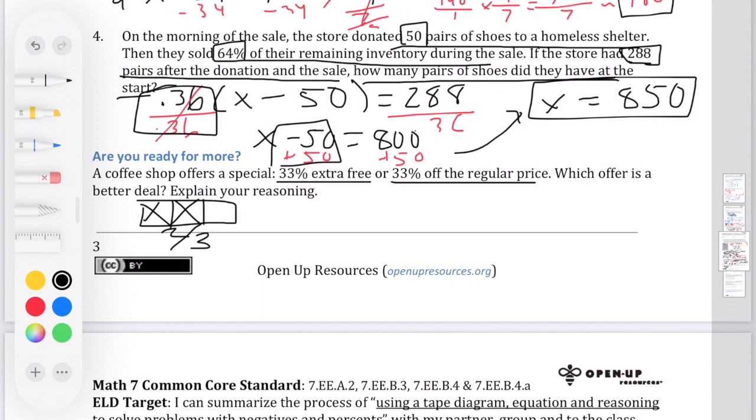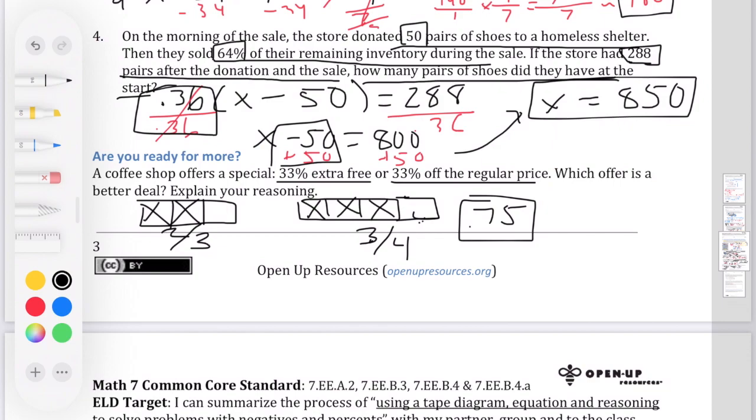Whereas if you pay the whole amount and we add on an extra, well, technically we've added an extra quarter on here, or a third, which means that we're technically paying 3/4. So even though it's a discounted price, our unit rate is going to be about 75% versus 0.67 over here. So the unit rate right here is going to be a little bit better than it is over here.